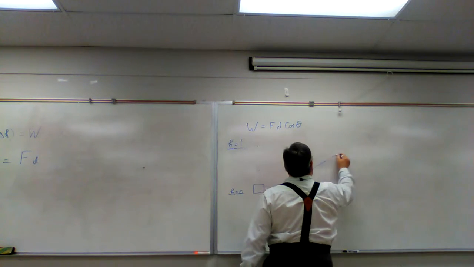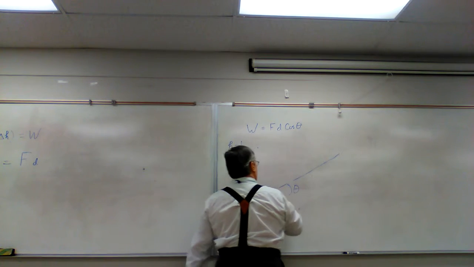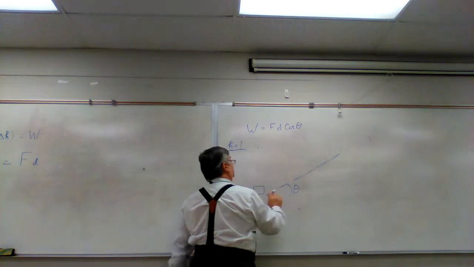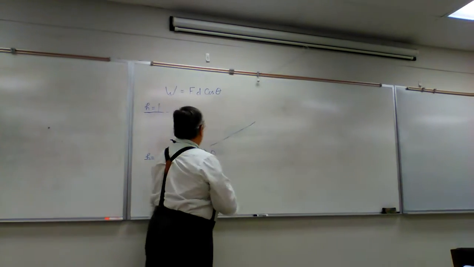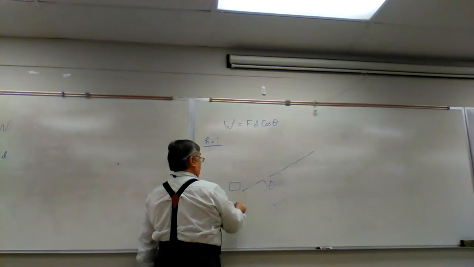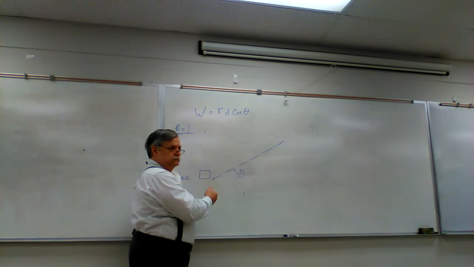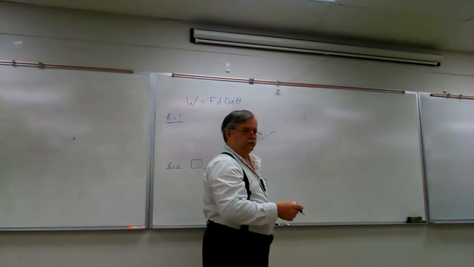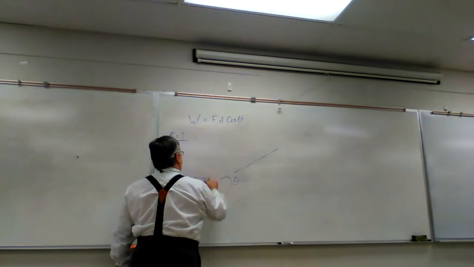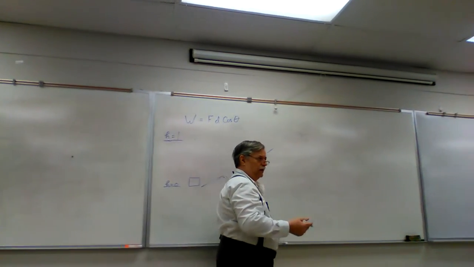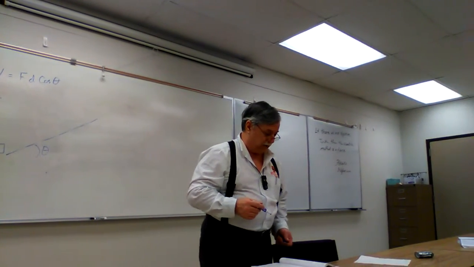If you move it at an angle, theta, then it's going to be the force you applied times the cosine of that angle times the distance you move it up that ramp. If you lift it straight up, the angle is 90 degrees, so I guess you would want to use the sine instead of cosine in this case, or they're defining this as 90 degrees and that as 0 degrees. But the point is that if you move it straight up, you apply the full force, you move it a shorter distance, but you do the same amount of work.